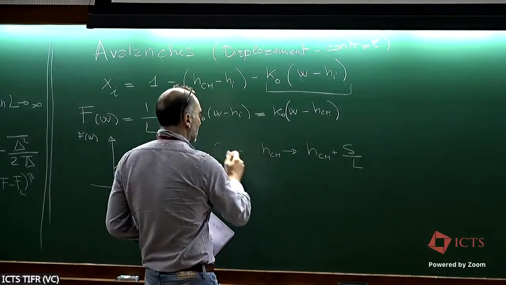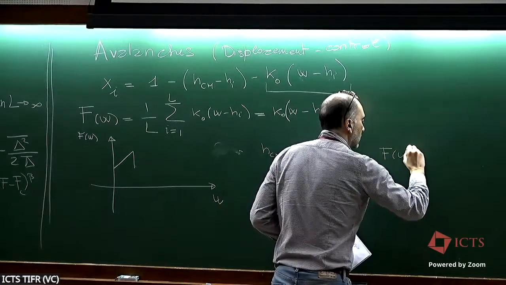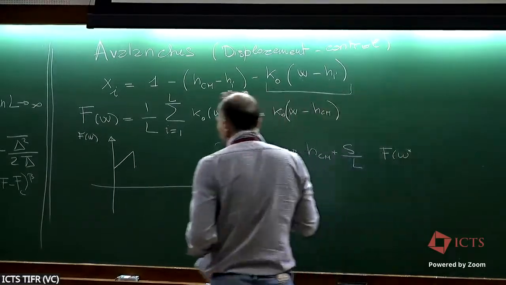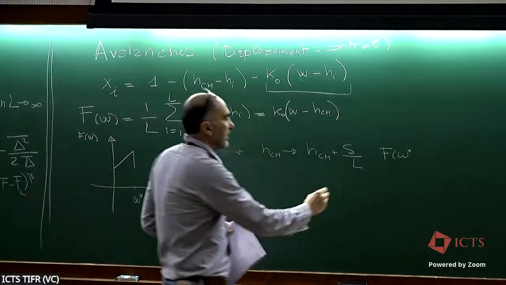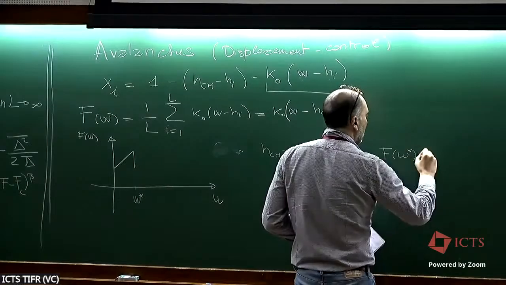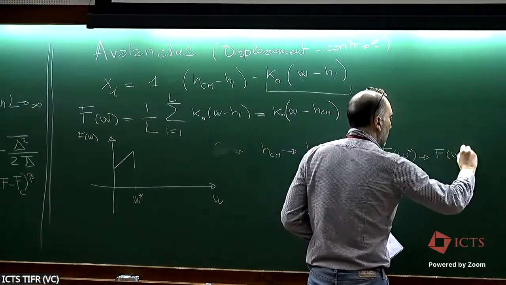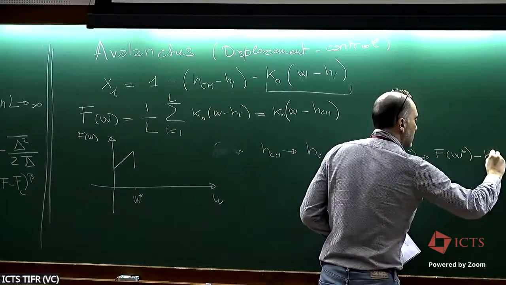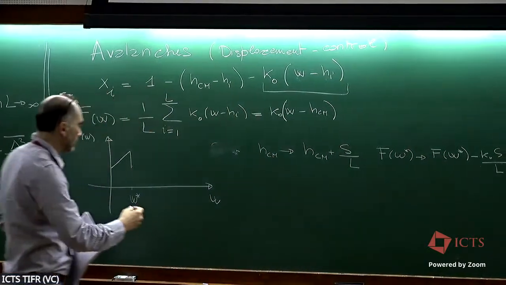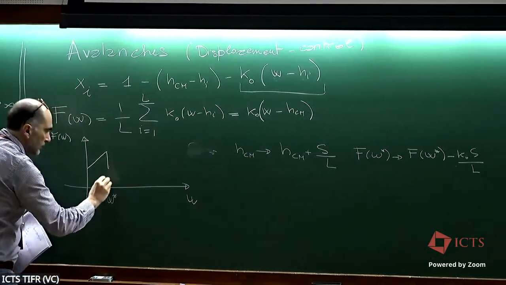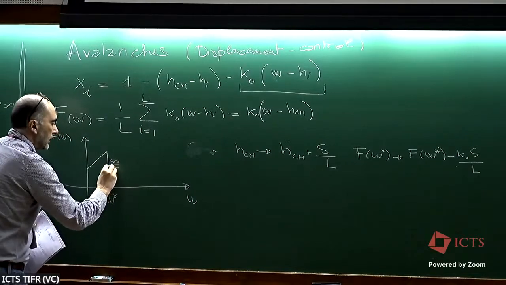So the force F of W, when you are at this point, let me call this point W star, becomes F of W minus K0 S over L. So it jumps down, and this is K0 S over L. Let me do that.